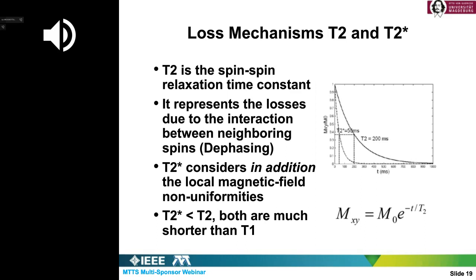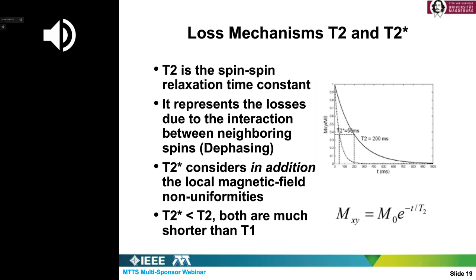And if you look at this curve here, they decay. Even if you bring them to the transverse plane, they will decay, characterized by another time constant, which is called T2. And if you add, in addition to the spin-spin interaction, also irregularity in the tissues, this is another additional loss mechanism, which together with T2 gives rise to T2 star.